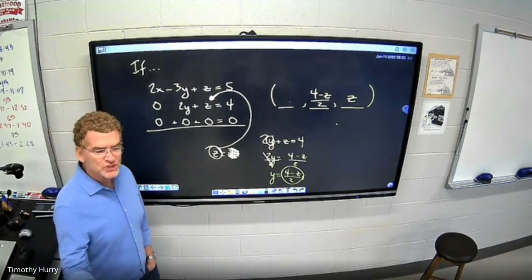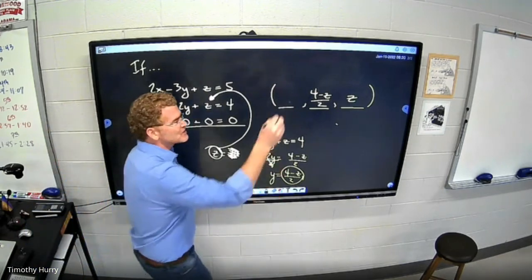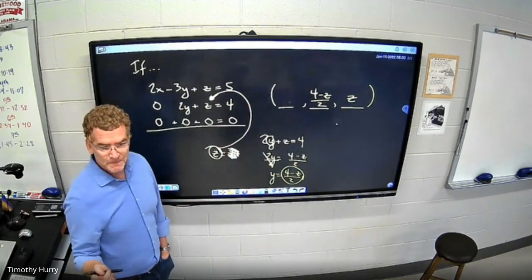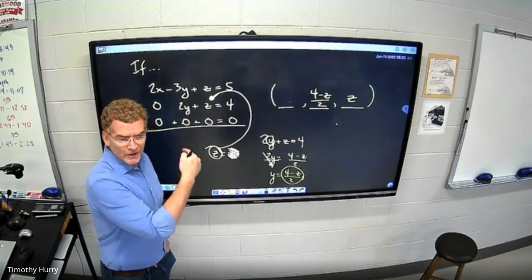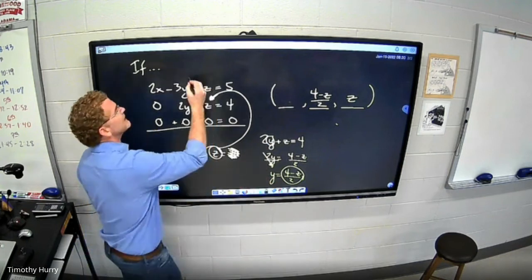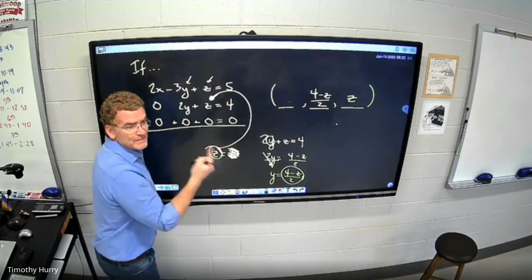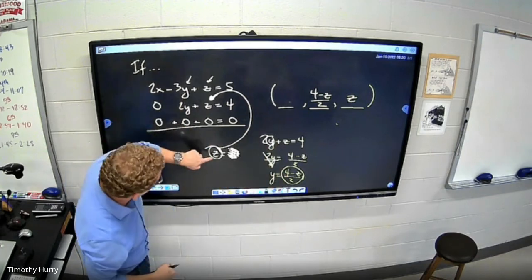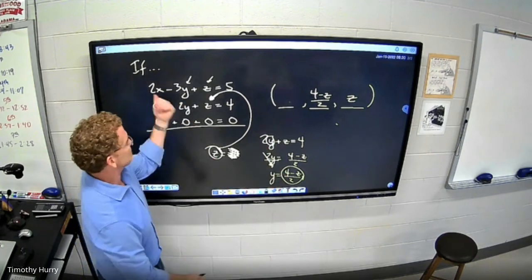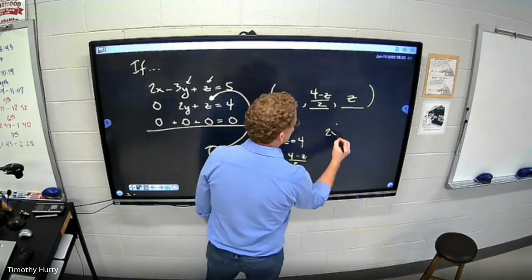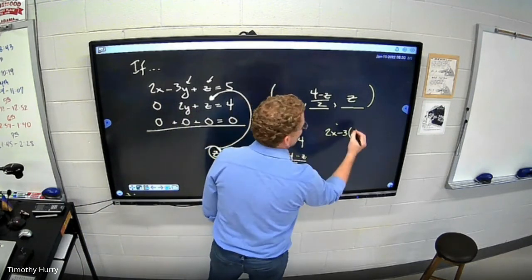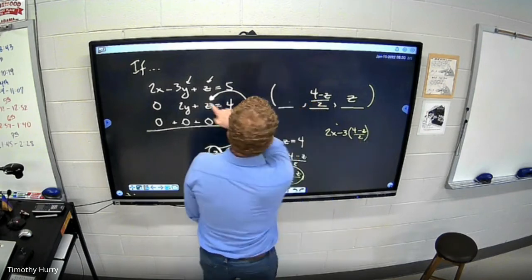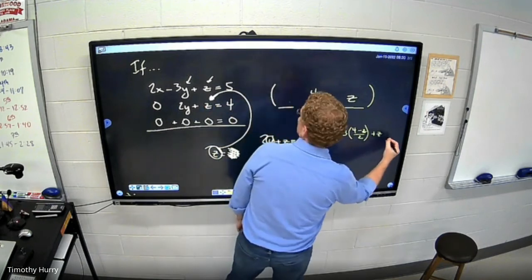And then what would you do once you had your Y and your Z? You plug what? Prior, you would have plugged both of those here. We'll do that, except this time you're going to use this Y value there, and of course you're going to use Z for Z, and you're going to solve for X. So I get 2x minus 3 times this ugly new Y value plus Z equals 5.